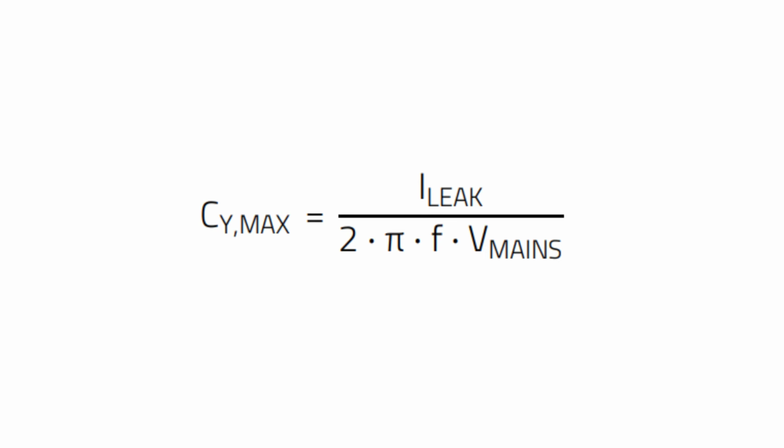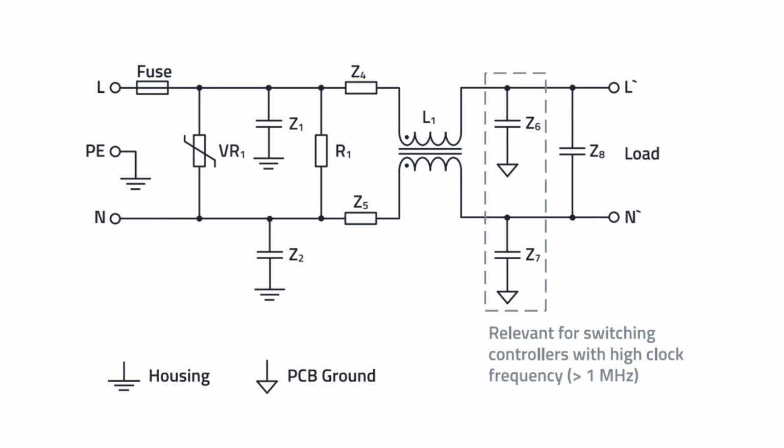The maximum capacitance of the Y capacitor, measured in farads, equals the maximum leakage current divided by 2 times pi times the mains frequency times the possible maximum value of the mains voltage. When we substitute our known values, we know that the maximum possible capacitance value of the Y capacitor is approximately 33 nanofarads.